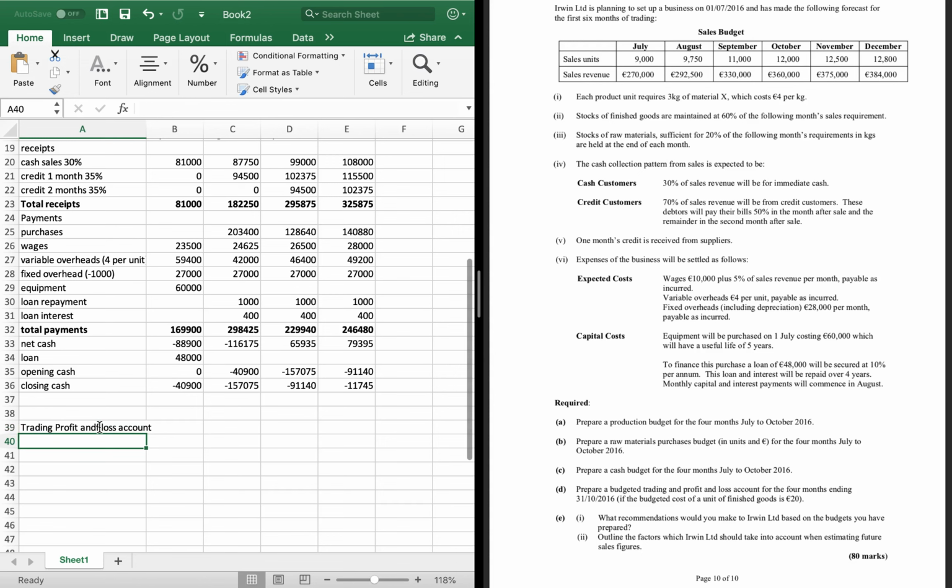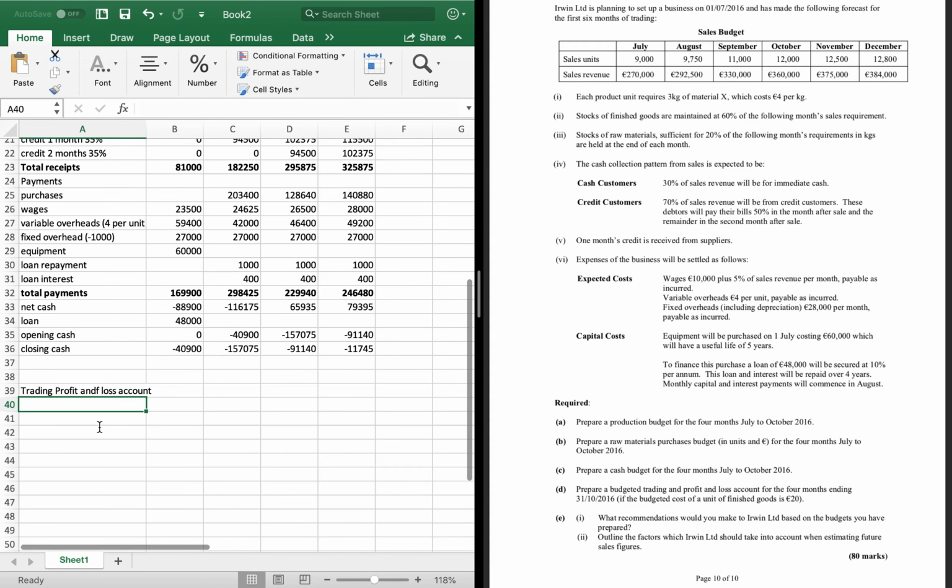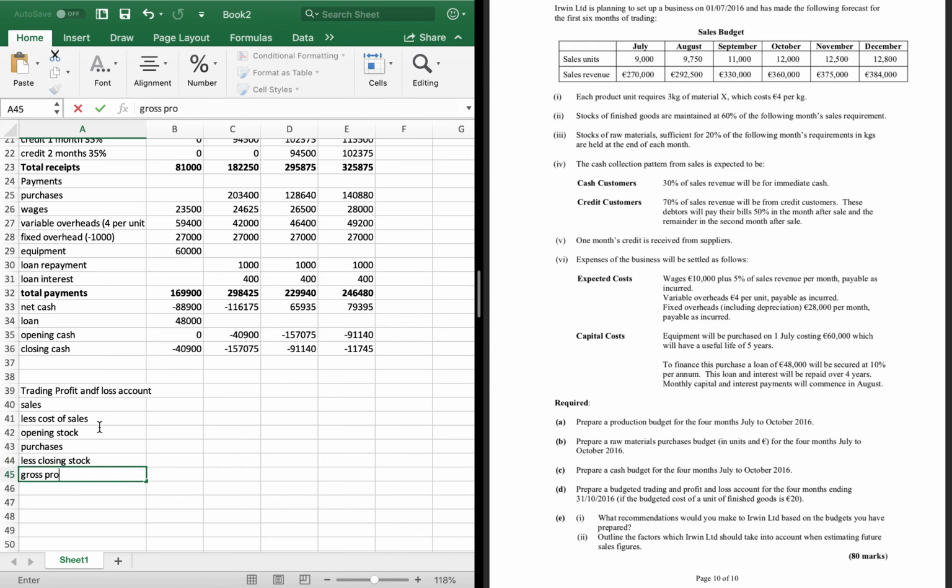Now, unlike with the other cash budgets, these have a traditional structure of sales, less cost of sales, which is made up of opening stock, plus purchases, less closing stock. And then you'll have your gains, less expenses. There's going to be no gains in this anyway, so we'll see that in a second.